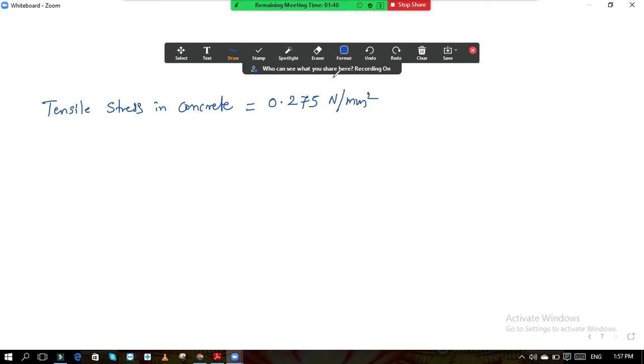So now vertical distribution of the steel. Now we will calculate the vertical distribution of the steel. So vertically also we need to provide the steel.